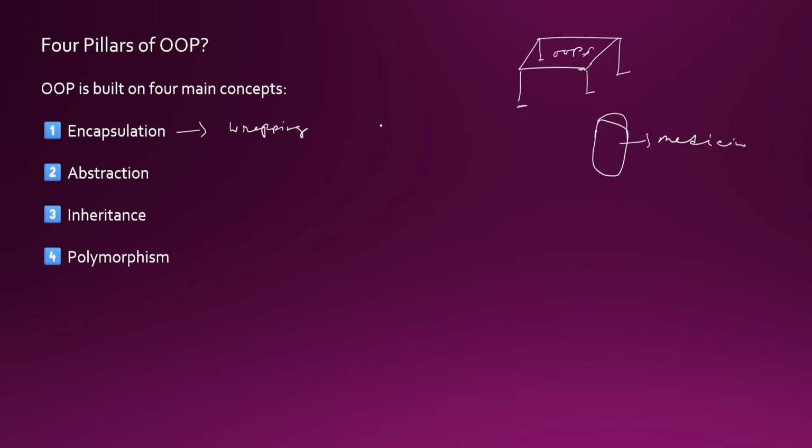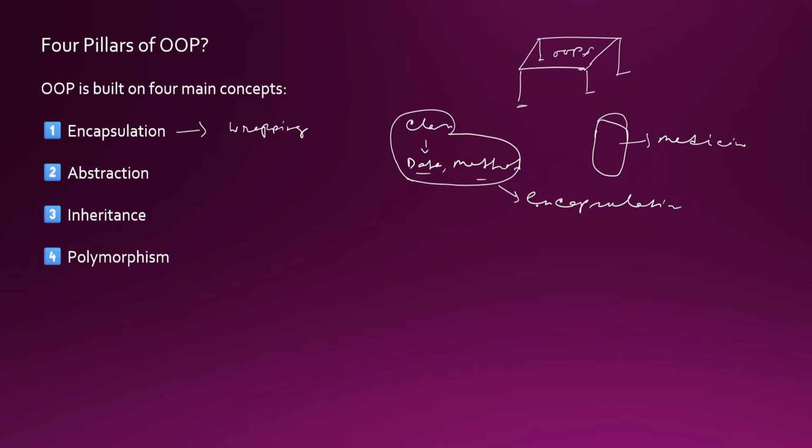In the same way, when a class wraps all different types of data, that means variables, okay, and all different types of methods inside this class, then it is called encapsulation. Okay, it is called encapsulation. That means when a class is wrapping all the data and methods inside it, then it is called encapsulation.